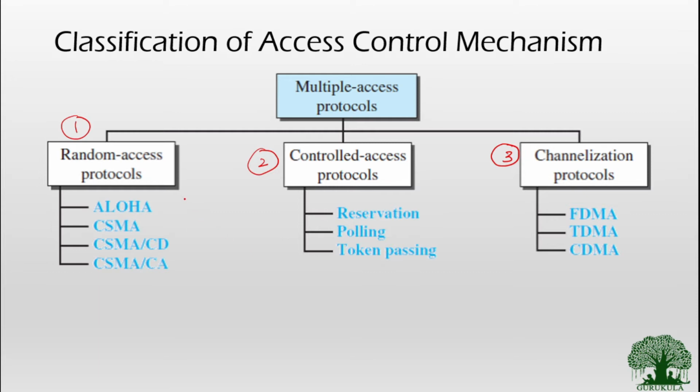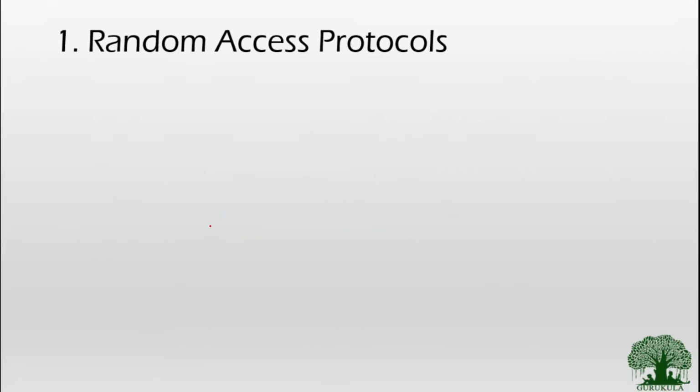As far as today's video is concerned, we will be discussing the first mechanism under random access protocol, which we call the ALOHA random access technique. We will see what ALOHA is, what its types are, and what the difference between its types is. Talking about the first one, random access protocol, why did it get its name, random access protocol?